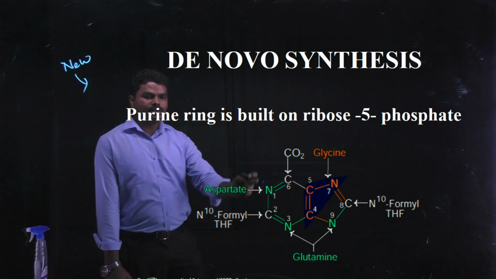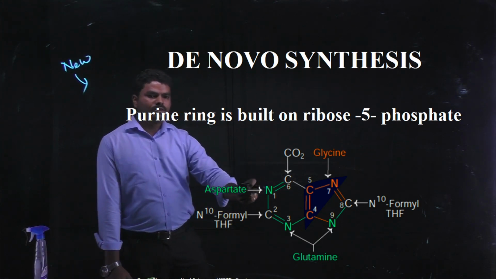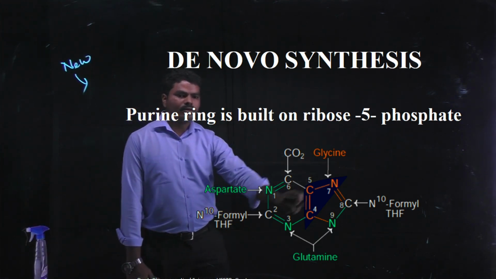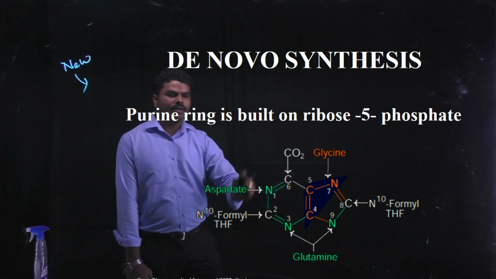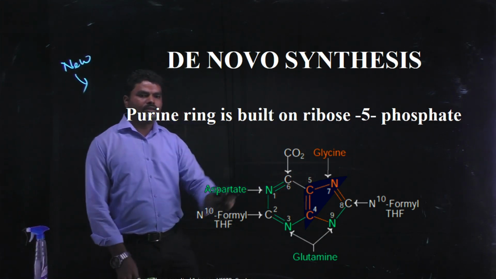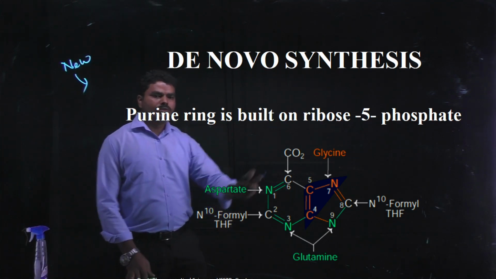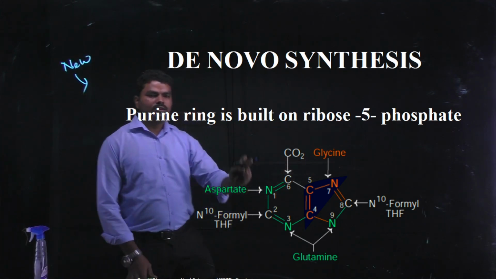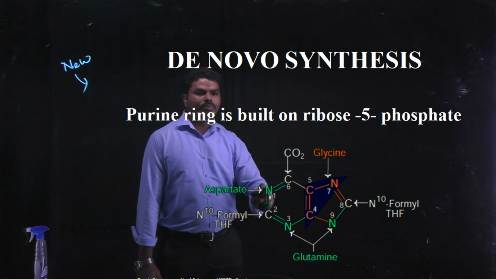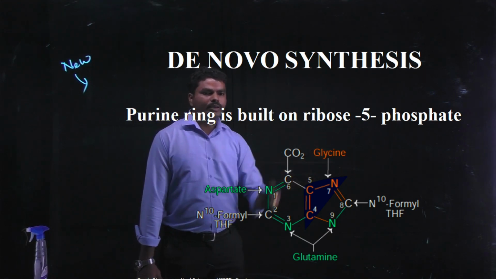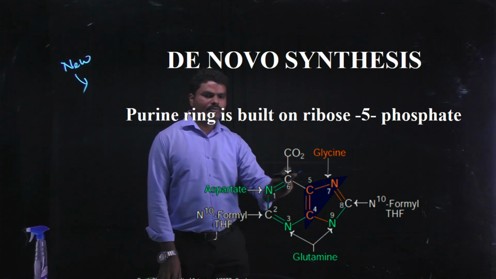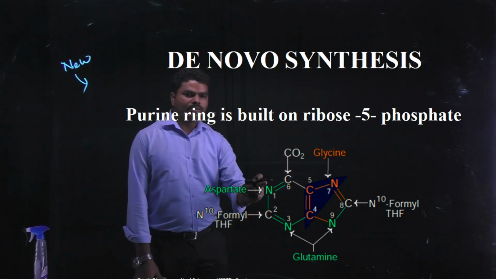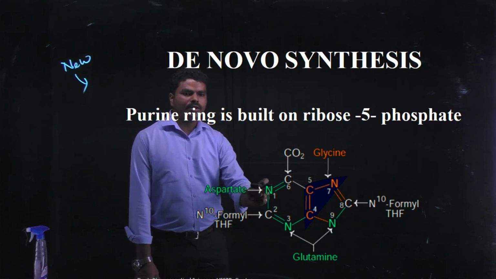When you observe the purine ring, there are different atoms present. Four nitrogens are present and the remaining carbons are in the two aromatic rings. Each and every atom is contributed by different amino acids and some other molecules. For example, when you see the nitrogen, that is indicated by nitrogen 1.